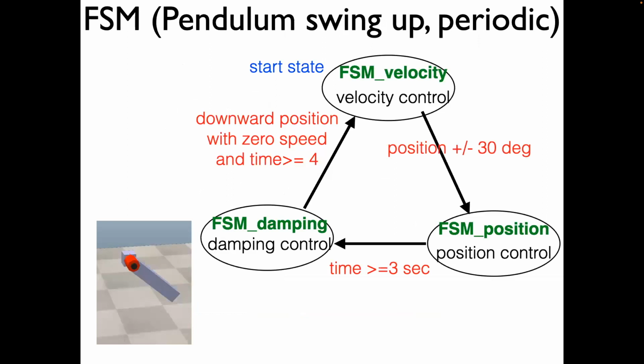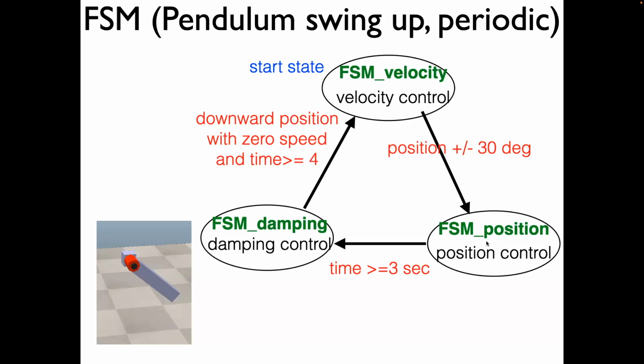In our case, we will do the following exercise, and I'll refer to this slide again as I program the pendulum. We'll start the pendulum in the vertically downward position. We'll use velocity control to get it to speed up. Then when it reaches a certain angle, we'll switch to position control.